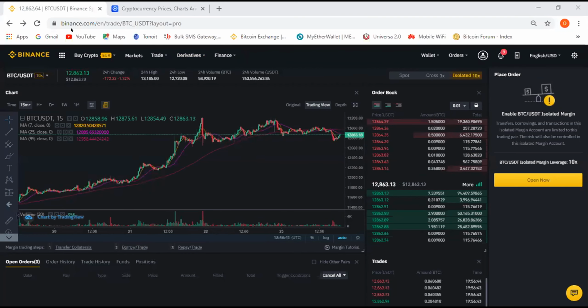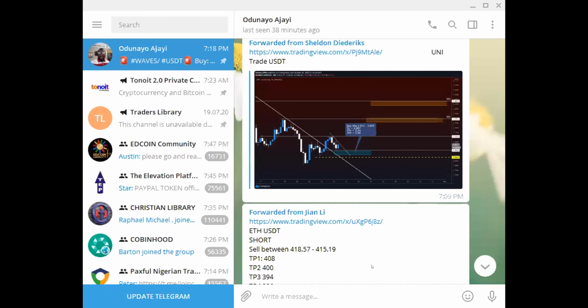I can see the Binance screen. You can see only the Binance screen. Yes, only Binance. Okay. Can you see the Telegram?